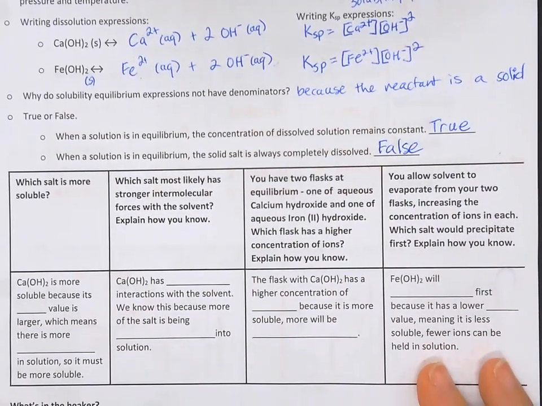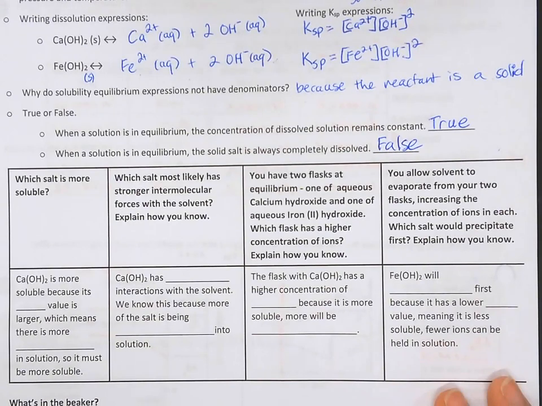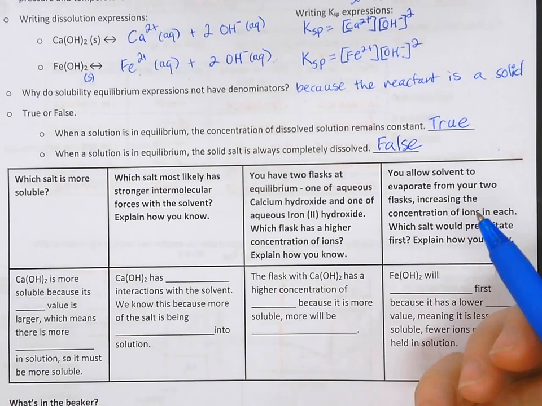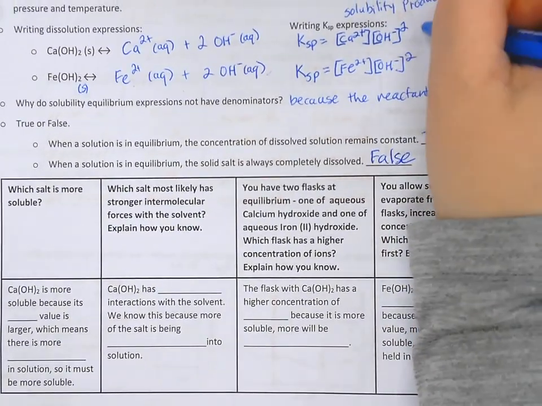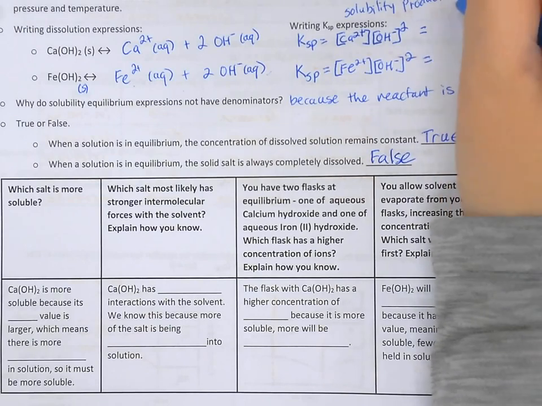So let's talk about this next part. Which salt is more soluble? All right, so we're going to be filling out some blanks in this table. So we've got our KSP expressions up here, but we're going to go ahead and also write their values. I'm going to give those to you.